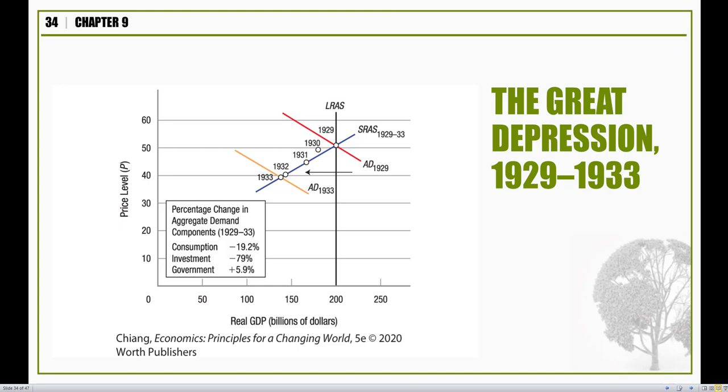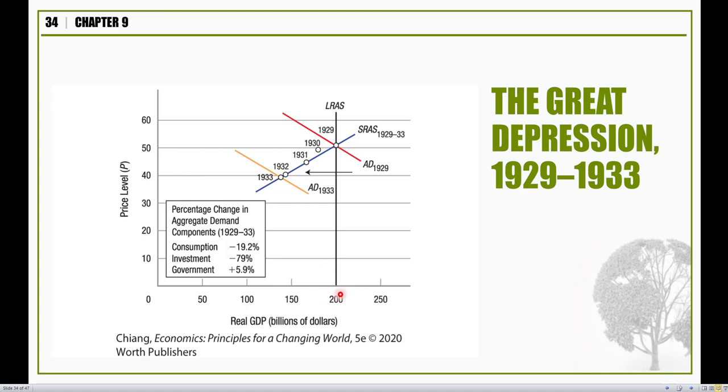So graphically, what does this mean for us? Suppose that at the beginning of 1929, we were in long-run equilibrium where all three curves are intersecting, but the Great Depression hit, and every single year it caused a shift of our aggregate demand curve over to the left, a huge negative demand shock, and we noticed that we are in a very big recession right here. Our real GDP is much lower than our potential GDP.